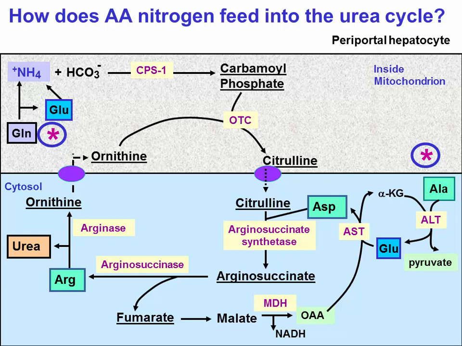And the other is glutamine. I said that glutamine is a major way of transferring amino nitrogen around the body. So glutamine coming from other tissues will enter the periportal hepatocytes, and that's where glutaminase activity is very important to be coordinately regulated with the urea cycle enzymes.